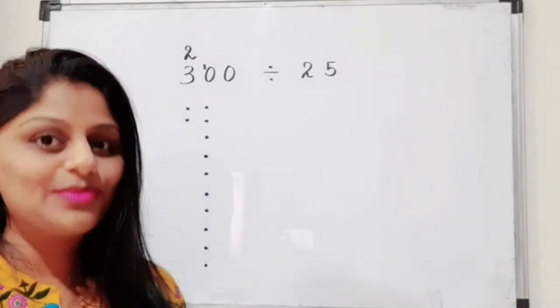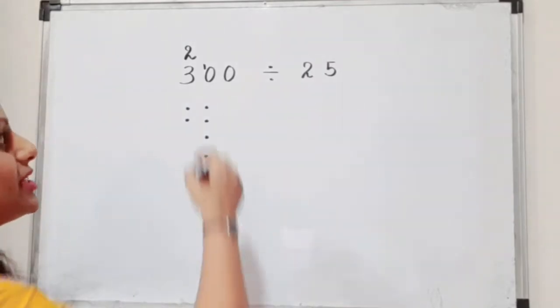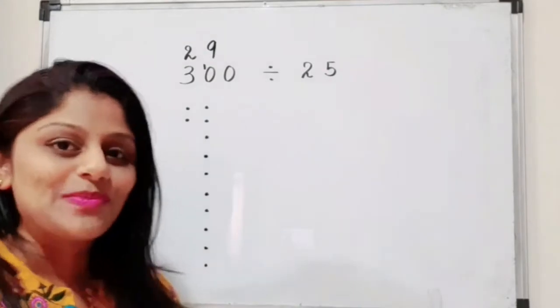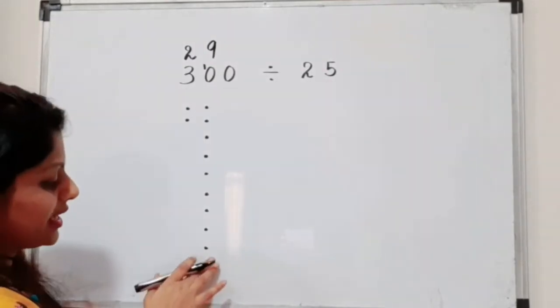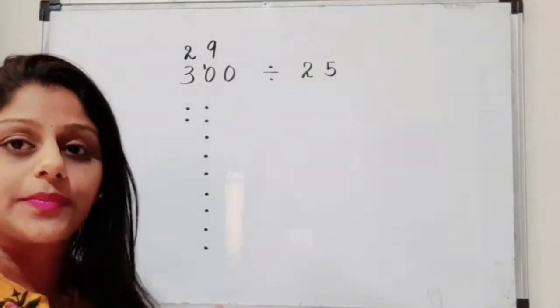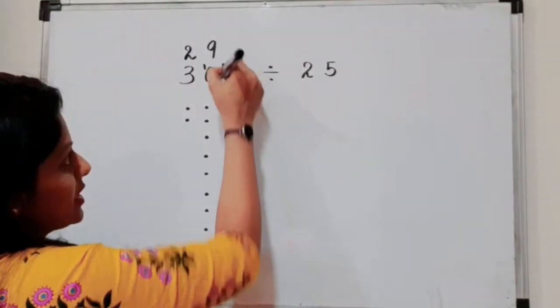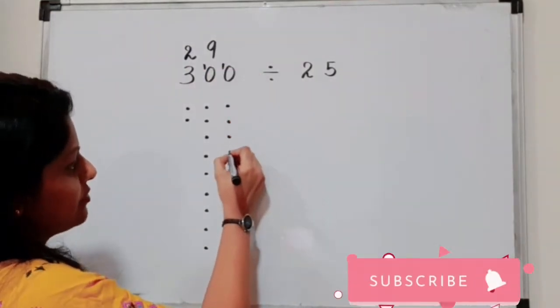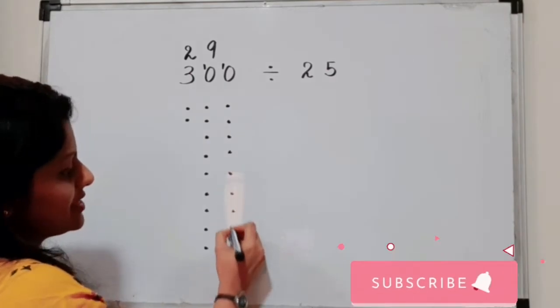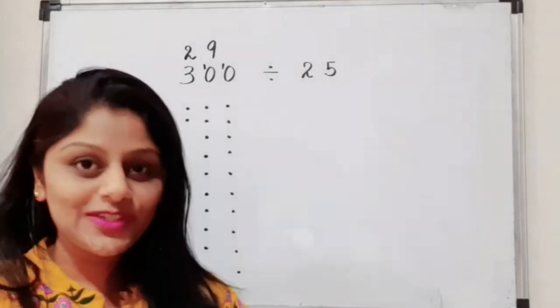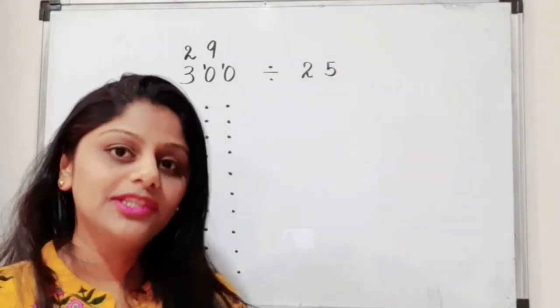Now the next number is again a 0, so again we borrow from the previous one. This 10 will now become 9, and the next 0 becomes 10. So 1, 2, 3, 4, 5, 6, 7, 8, 9 and 10. Did you notice how easily we made the dots for zeros?